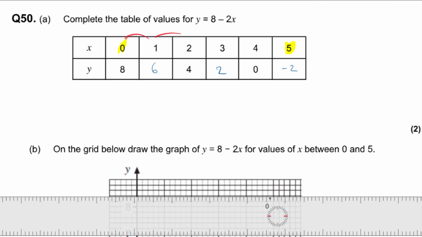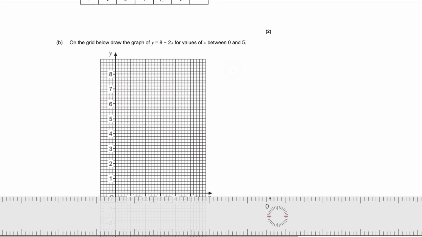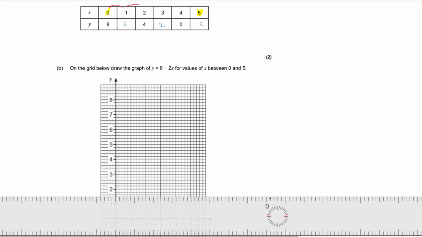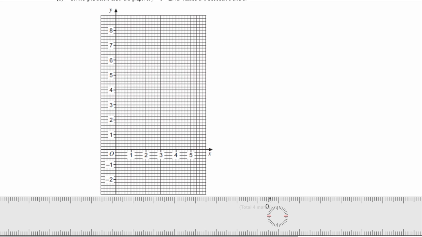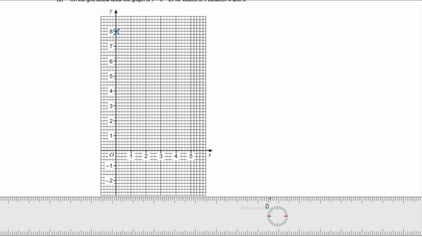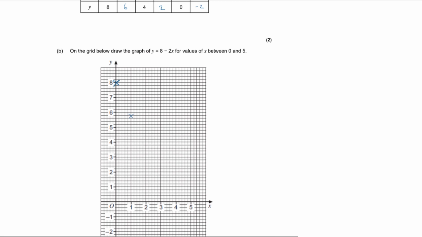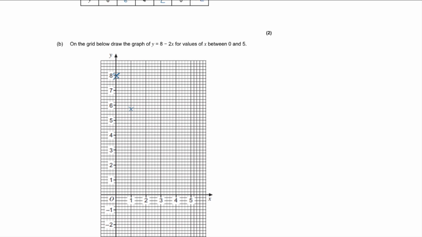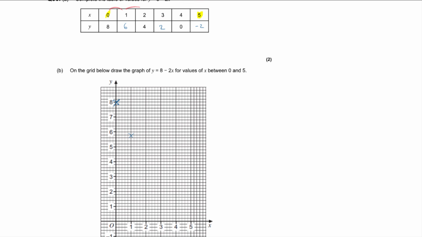Okay. Once I've got them all in there, I am going to plot the graph underneath. So my first value is 0, 8. 0, 8 goes here. My next value is 1, 6. 1, 6 is there. My next value is 2, 4. 2, 4 is here.